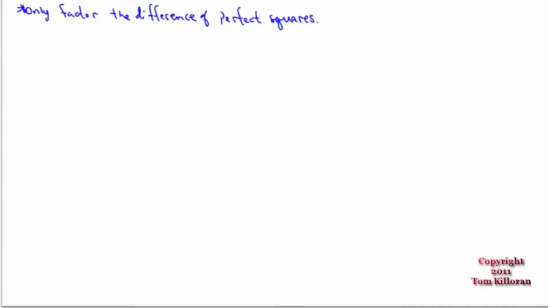All right, so if I give you something like, for example, 25x squared minus 49. With these, the size of the numbers really doesn't matter. Because 25 is 5 squared, 49 is 7 squared, x of course is squared, so this is just a bunch of squares.